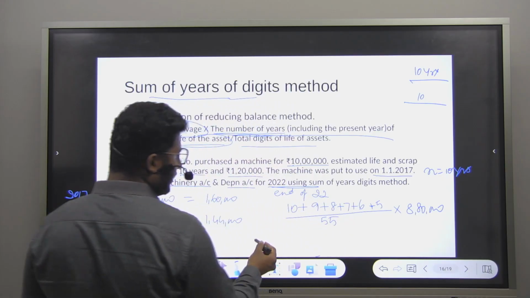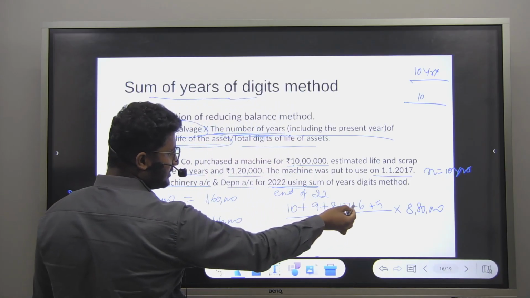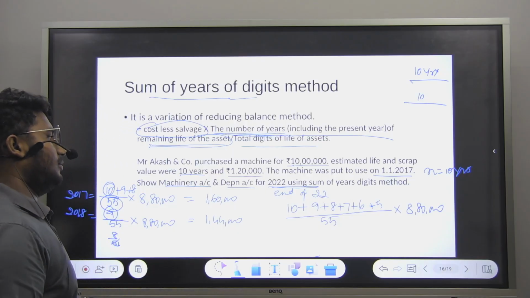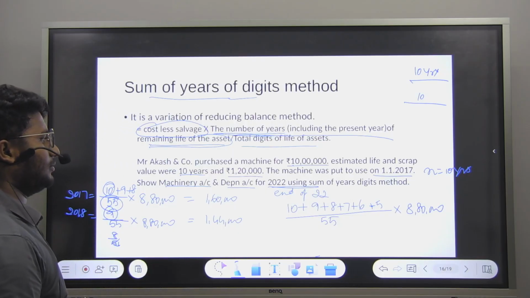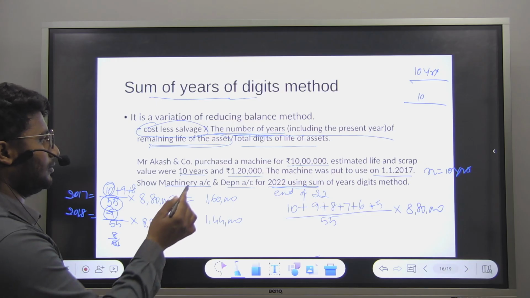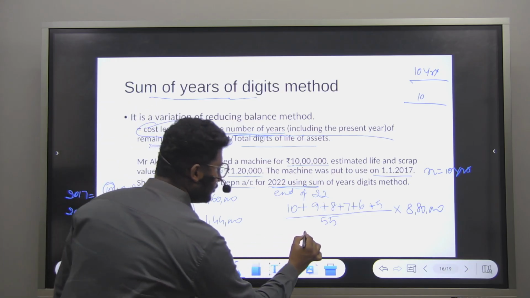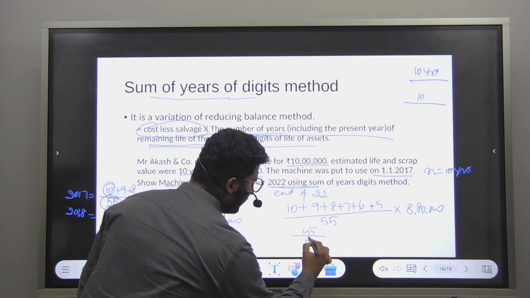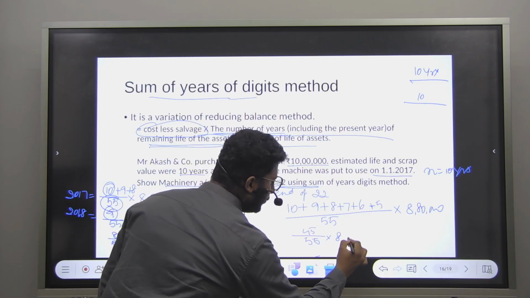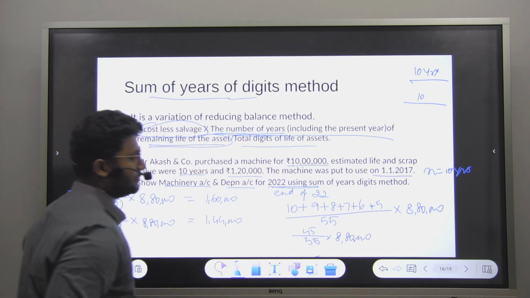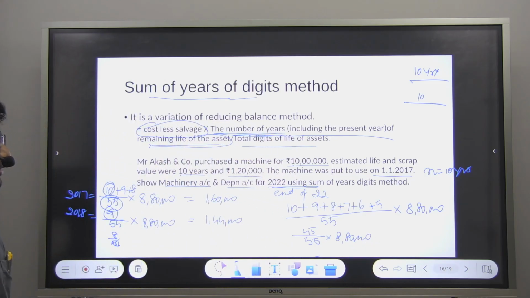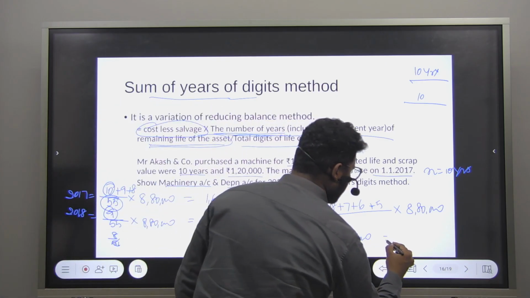So simplify: 10 plus 9 plus 8 plus 6 plus 5 is 45. So 45 divided by 55 into 8,80,000 is 7,20,000.